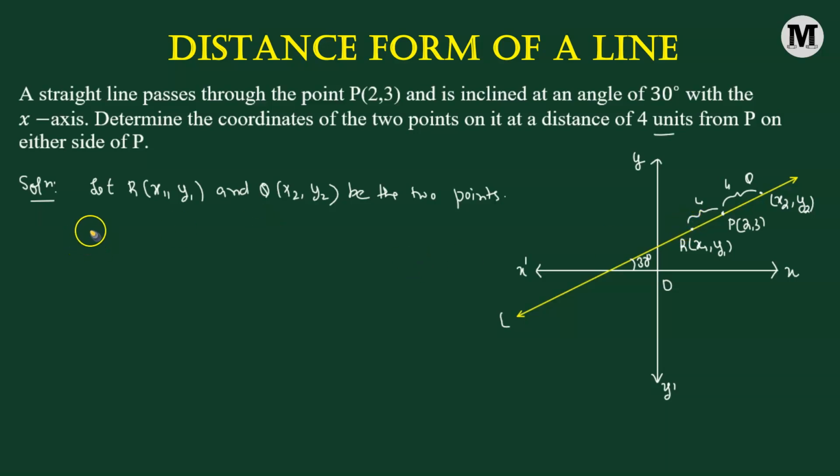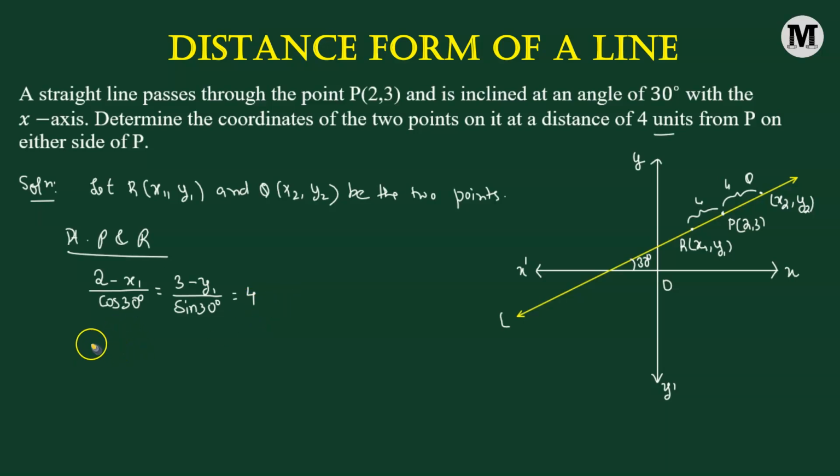First, let us consider the point P and the point R. By taking the help of the distance form of a line, we can rewrite our equation as (2 minus x1) divided by cosine 30 degrees equals (3 minus y1) divided by sine 30 degrees, and these 2 ratios are equal to the distance between the 2 points P and R, which is 4 units.